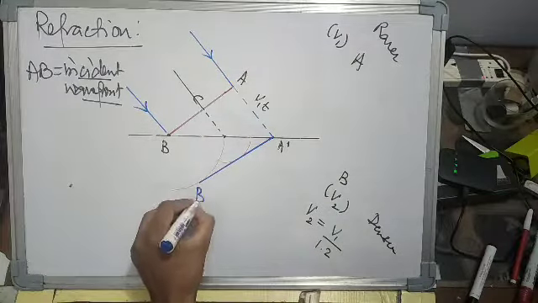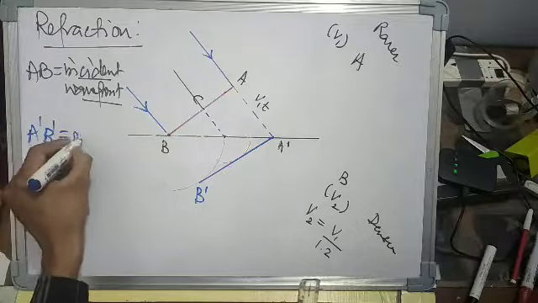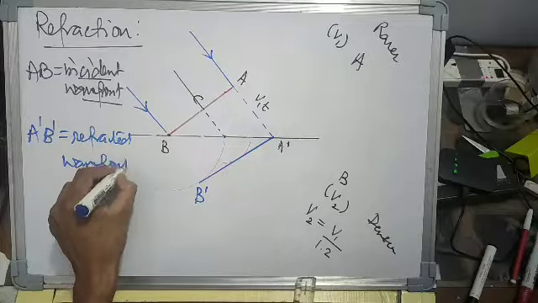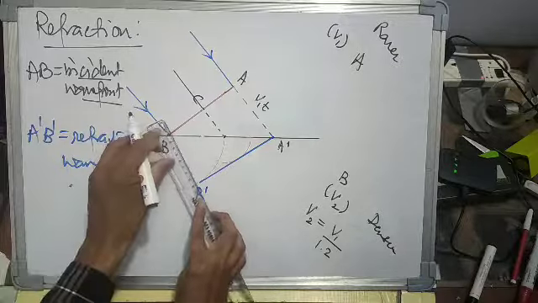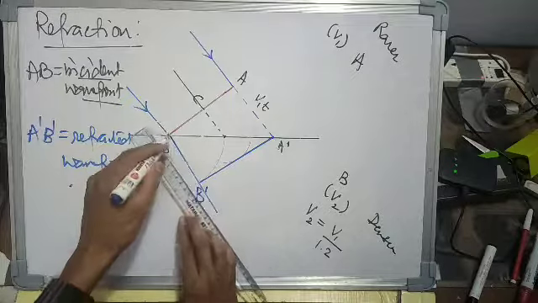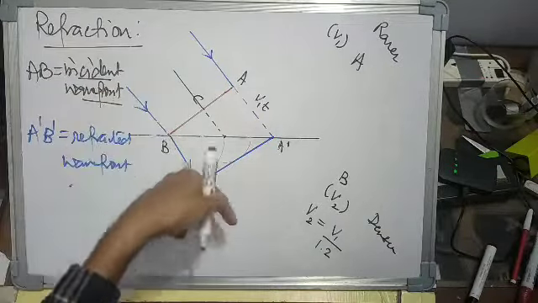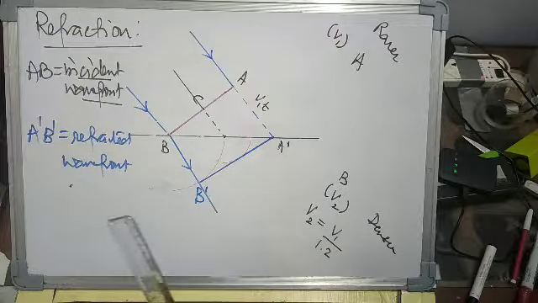That's B dash. So A dash B dash is the refracted wavefront. And how are the light rays going? Drawing with the blue only, the incident light ray goes like this, and that's the refracted light ray. If you draw the normal, then Snell's law should also hold good.